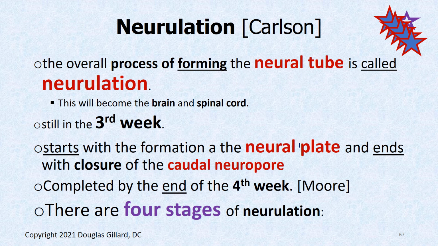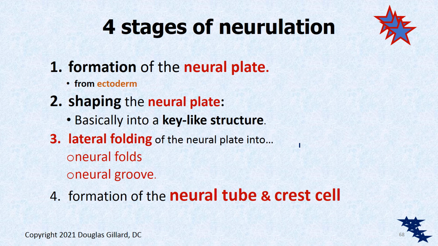So there are 4 stages of neurulation. Let's take a look. We have formation of the neural plate from ectoderm. We have to turn ectoderm into neuroectoderm, and then make this plate into a key-like structure. We have to elongate the plate, as we'll see, and then fold the plate, kind of like we did with the flat notochord, how we bent the sides up and formed a tube.